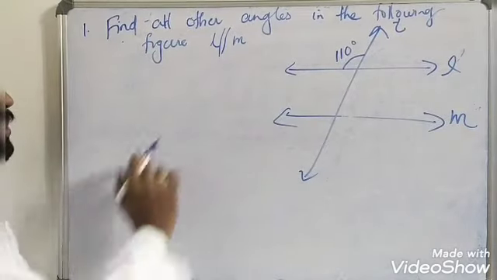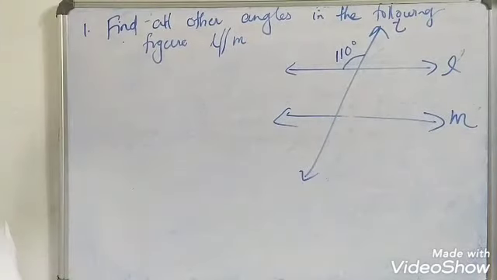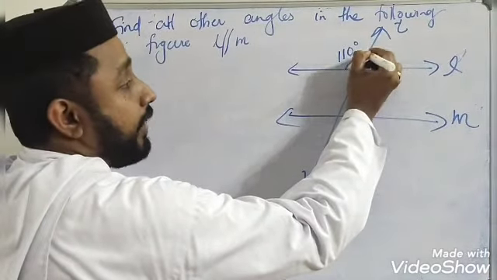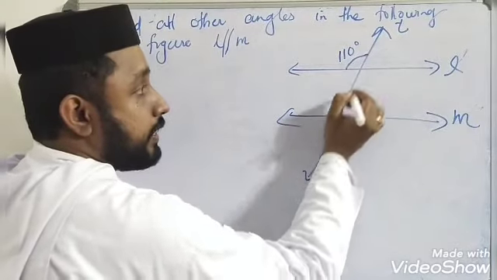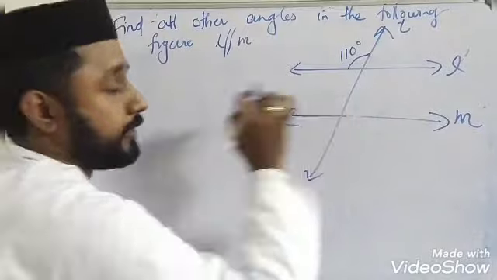Very important question. It is given that L and M are parallel, and T is the transversal. One angle is given, and you have to find all other angles. We can label them angle 1, 2, 3, 4, 5, 6, 7, 8.